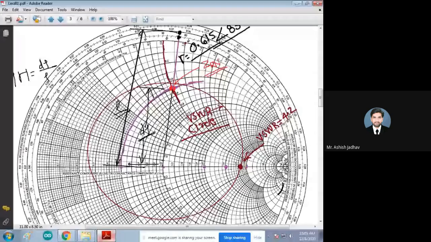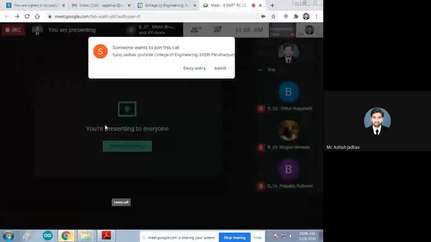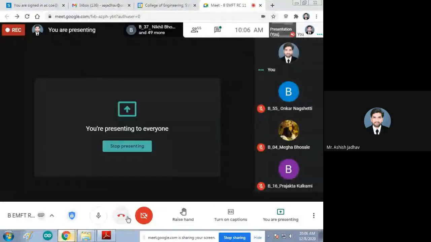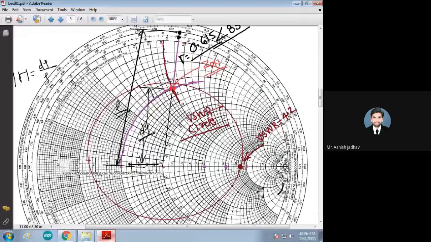So this one, if you can see this circle is called a constant what? Just a minute.